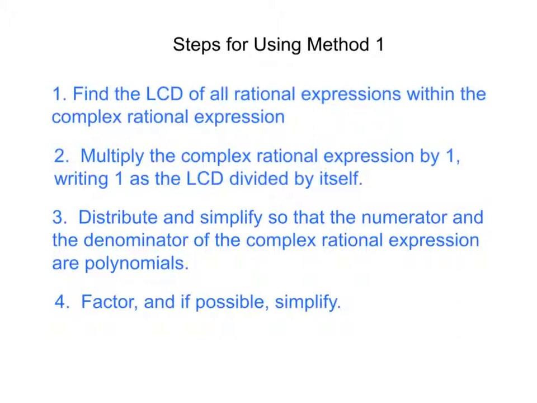Make sure that you distribute it to every term in the original complex rational numerator and denominator. Once you do that, you're going to simplify it by adding everything we can together. We're going to factor things out and see if we can simplify further.